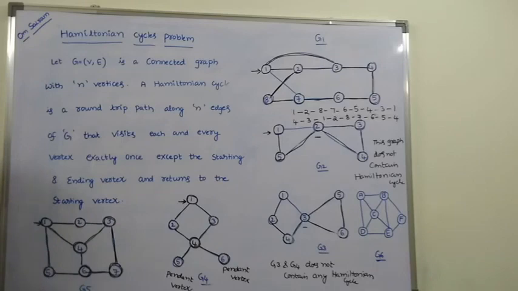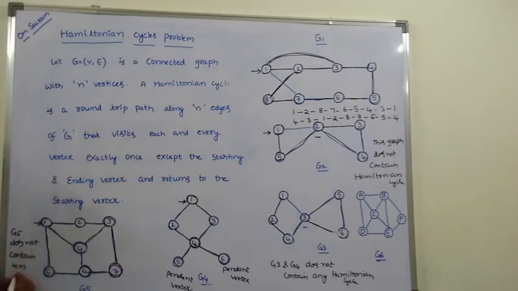But here vertex 2 is left. So we can say that graph G5 does not contain any Hamiltonian cycle.